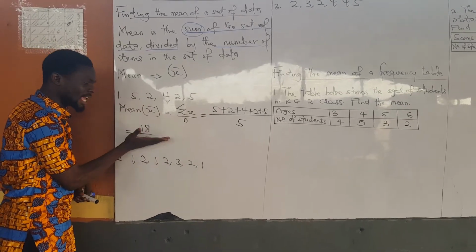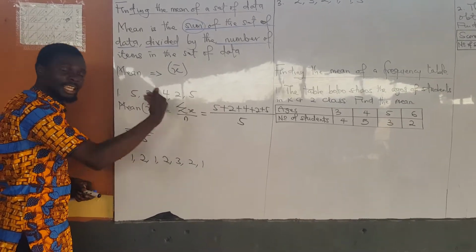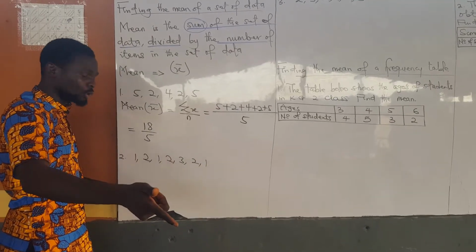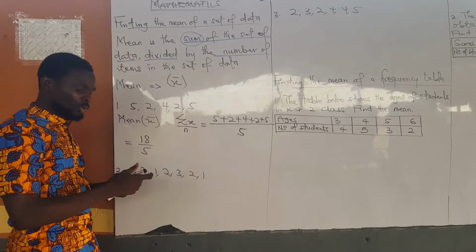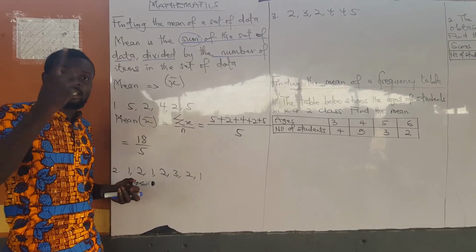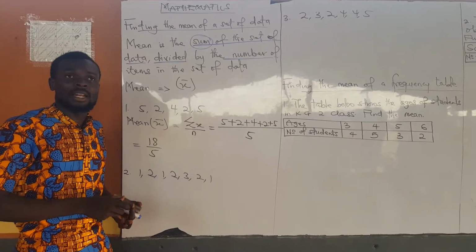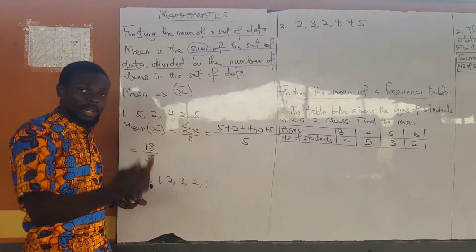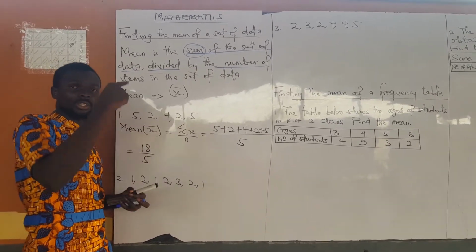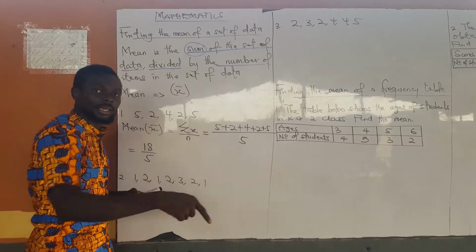Now when you are able to get this, you divide using the long division approach. 5 will go into 18 3 times, leaving a remainder of 3. So leaving your answer in decimal place, we are going to get 3.6.